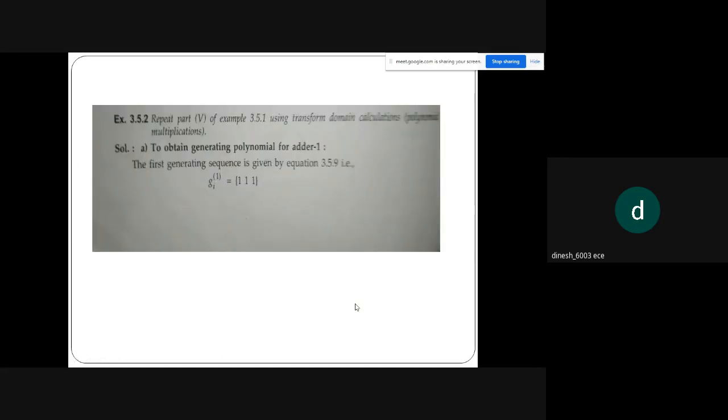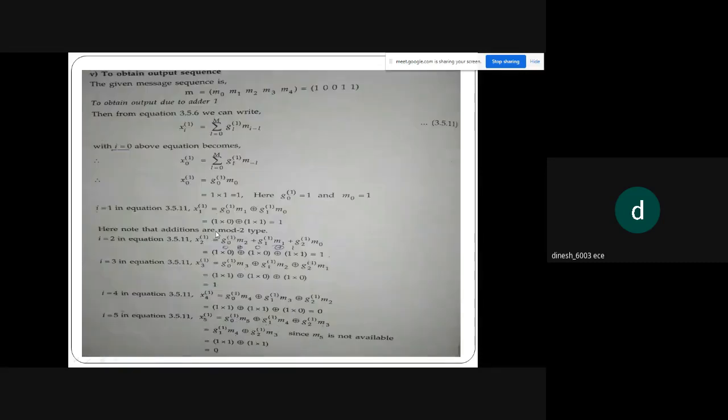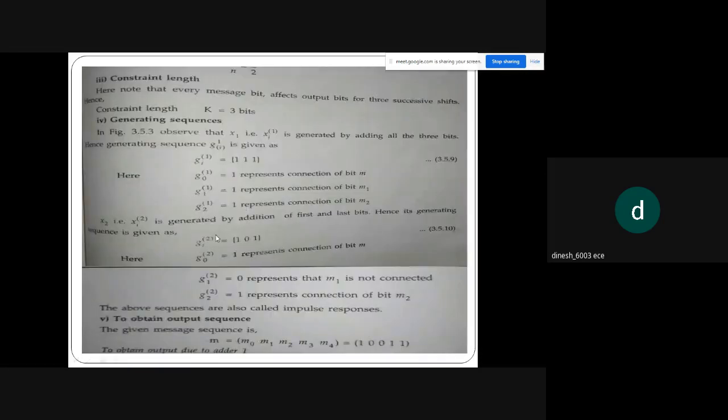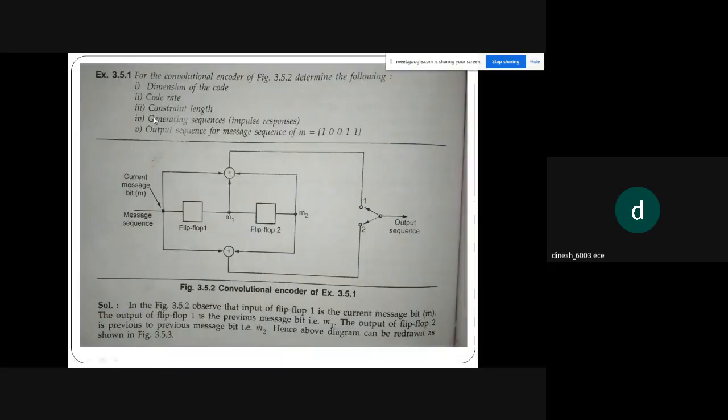Okay. We'll take the same example. Just now we had seen, right? The same example we are going to take, except for the fifth part. Remaining all will be same.